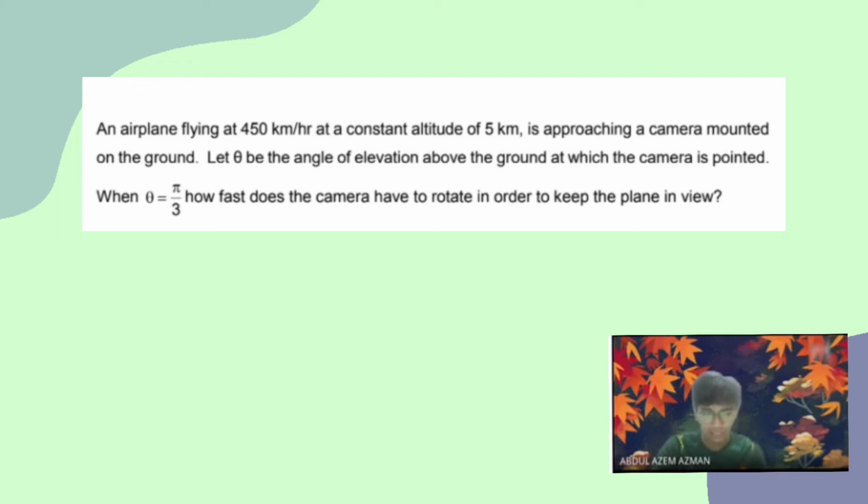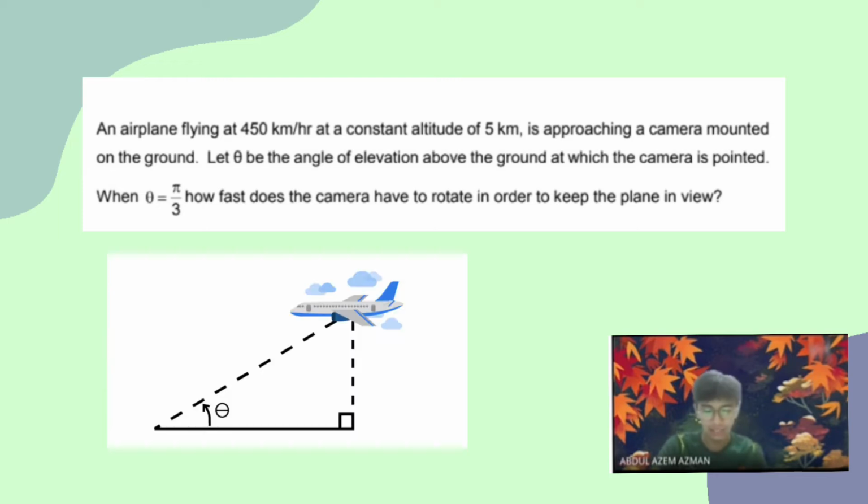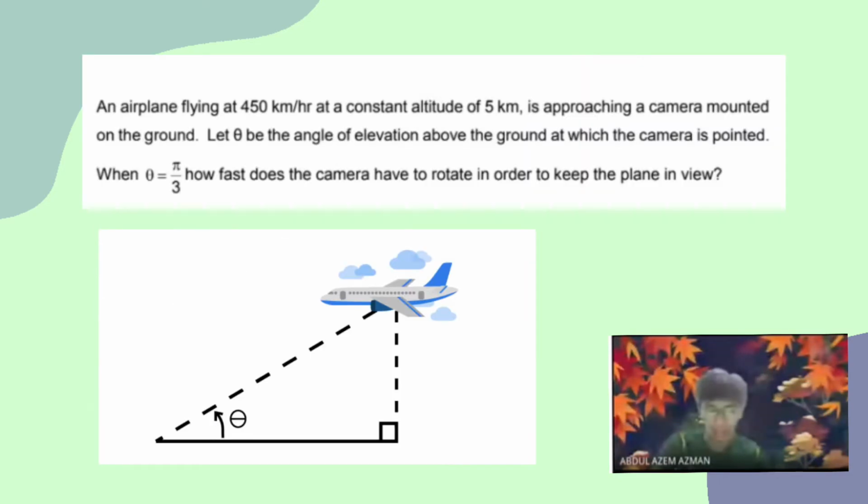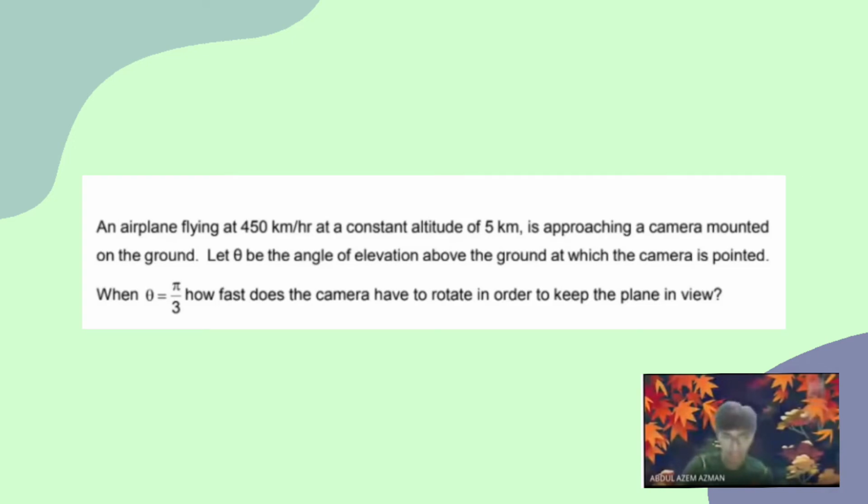So this is a picture to make us easily imagine the question. We assume the adjacent as x and the angle as theta, which is given in the question as pi over 3. It is stated in the question that the airplane is flying at 450 kilometers per hour, which we can assume as dx over dt.